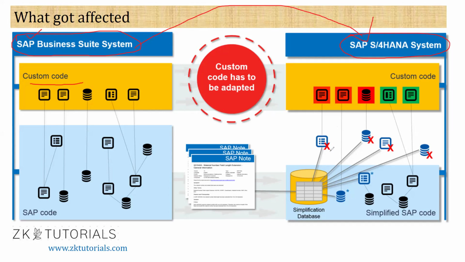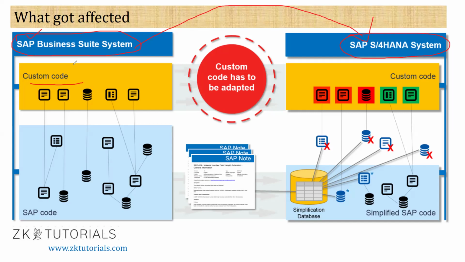What will now happen? You are using some database table in your custom report, and now that table is removed. What will happen in the SAP system exactly? Just giving you an example: you have written a query on any SAP standard table, select star from table into that.